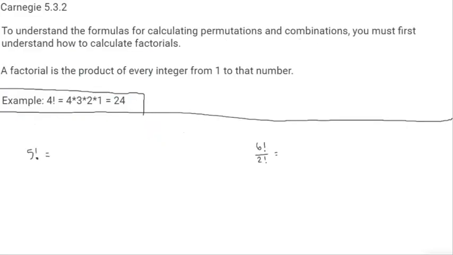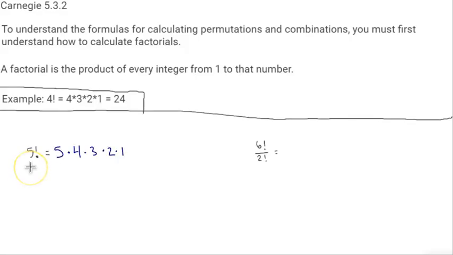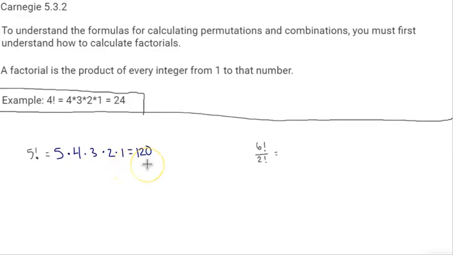To condense the notation even further, whenever I want to multiply a set of numbers that are counting down, I use what's called a factorial, which is noted by the exclamation point. So if I wanted to calculate 5 factorial, I would multiply the numbers from 5 to 1 counting down, which gives me 120.